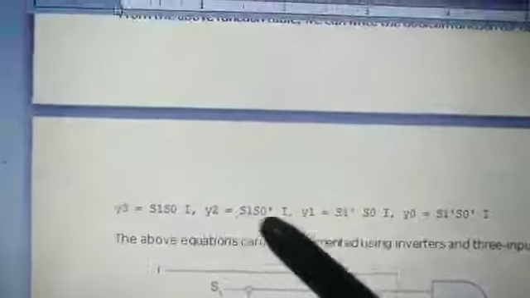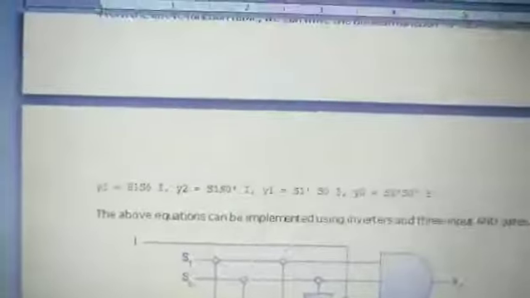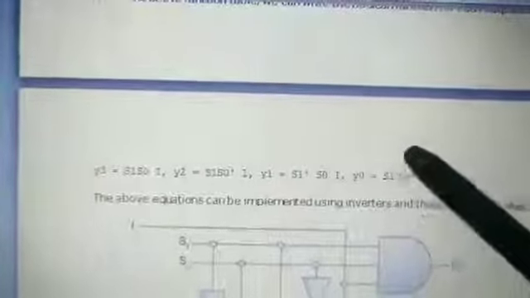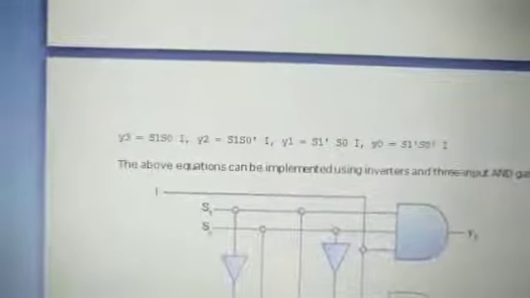For Y1 we are getting I, S0, S1 bar. For Y2 we are getting S1, S0 bar, I, and for Y3 S1, S0 and I. This is actually the Boolean expression for the 4 outputs. Using these output Boolean expressions, we will determine our logical circuit.